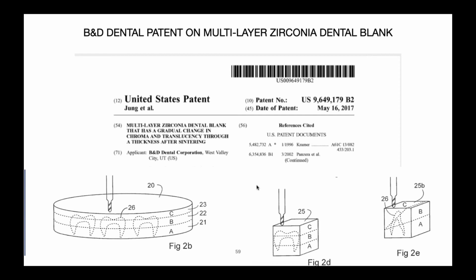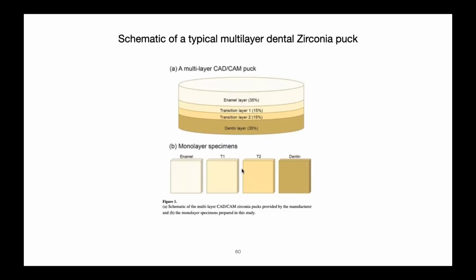These guys have done a lot of work on multi-layer zirconia. And you see, this is a typical multi-layer zirconia puck. I don't know if it's so typical anymore because I've seen, I don't even know how many layers anymore. And I do know that if you have multi-length teeth, like if you're trying to do these big cases, the gingival crest, depending on the surgery or implant placement or whatever, they may not all be the same length.